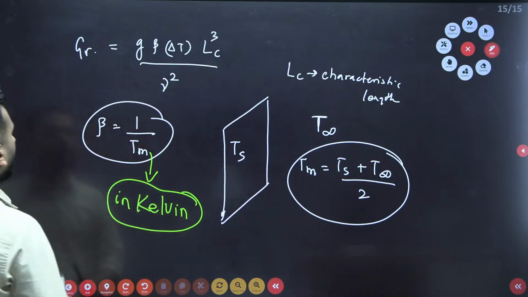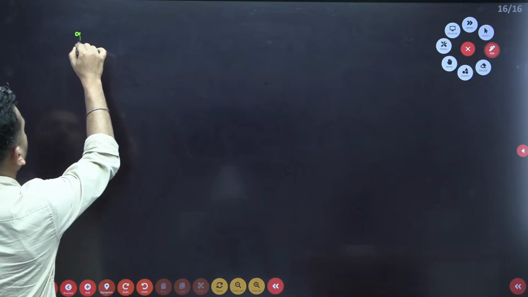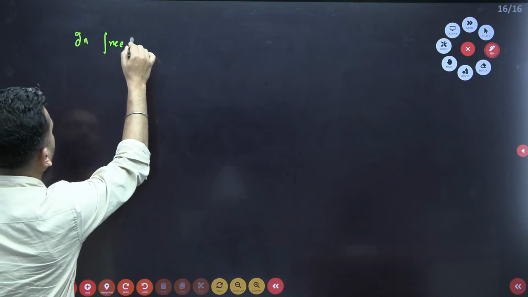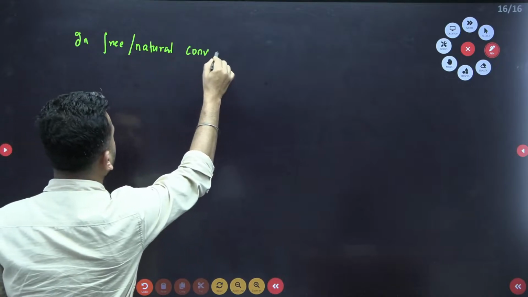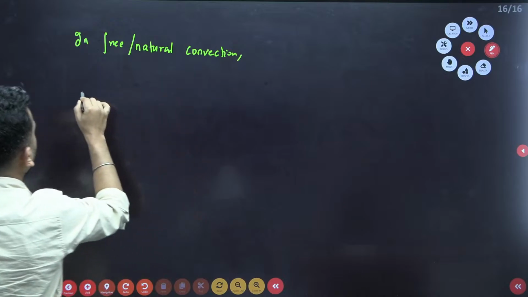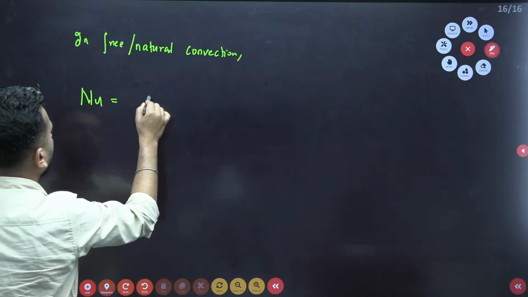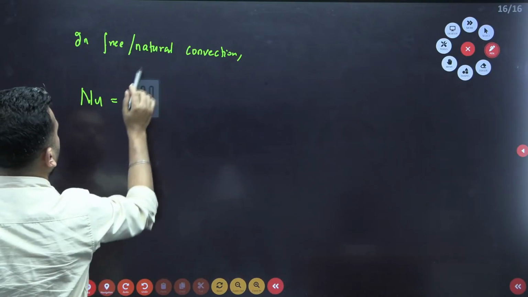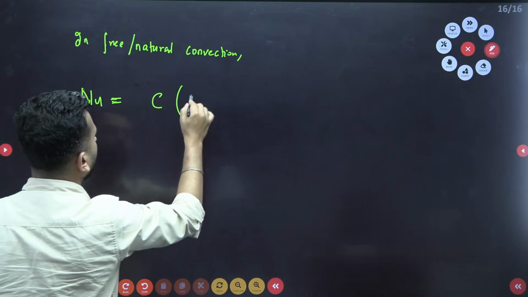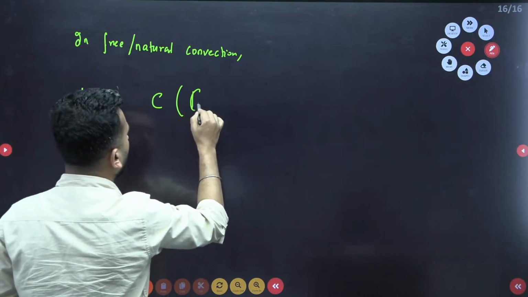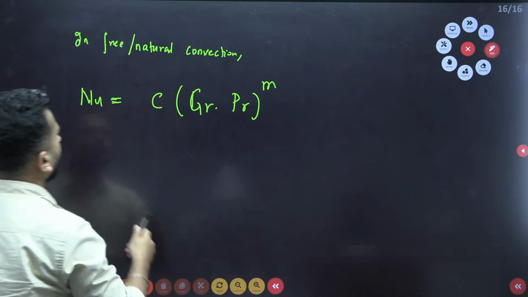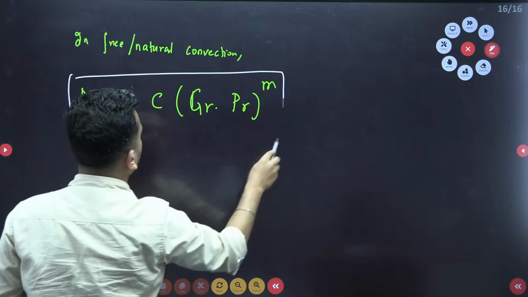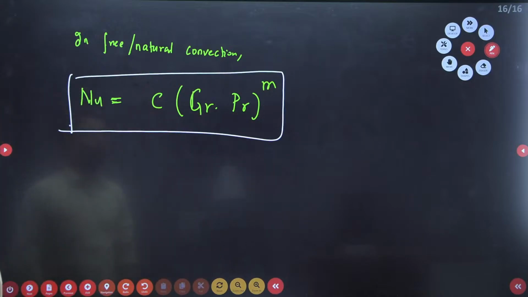This is the concept of free convection, and you know that in free or natural convection, your Nusselt number is a function of C times Grashoff's number into Prandtl number to the power m.